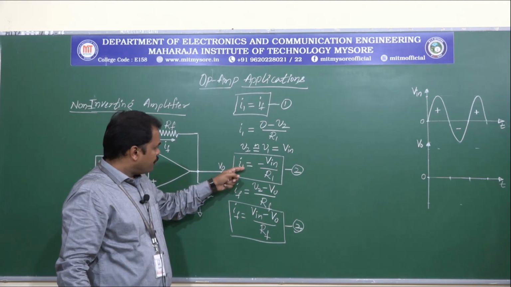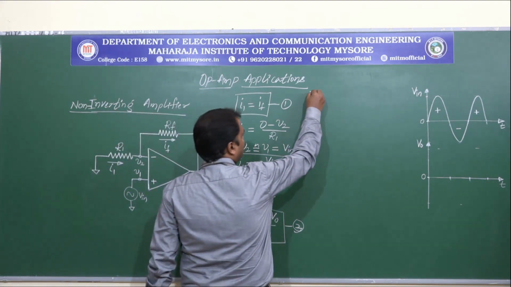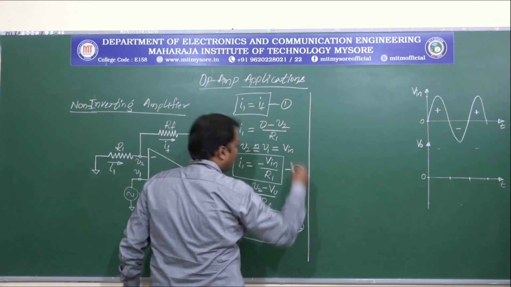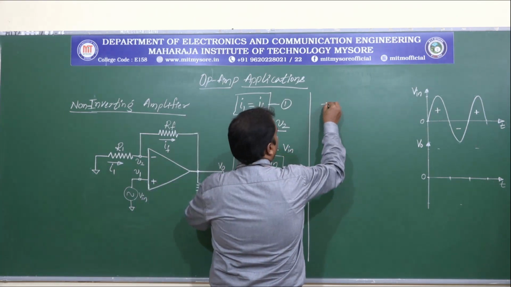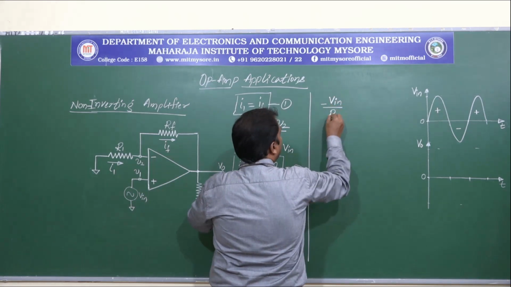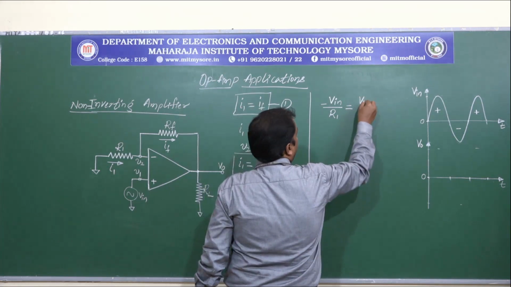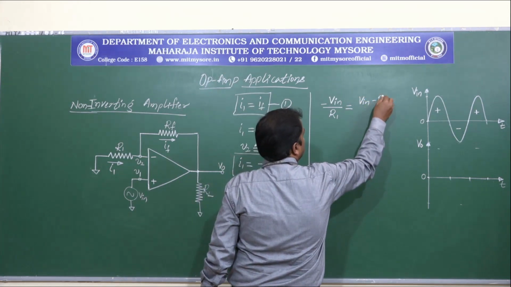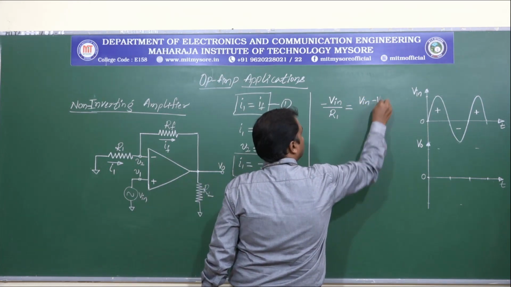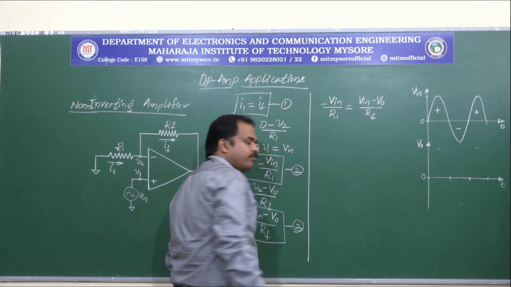Now let us substitute equation 2 and equation 3 in equation 1, that is minus Vin by R1 equals Vin minus V0 divided by RF.